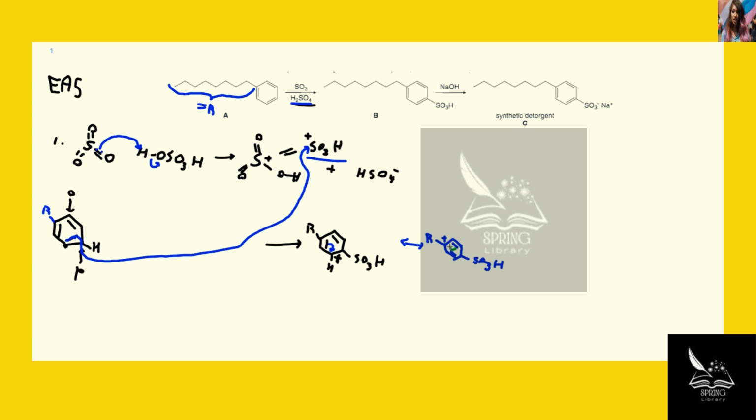And this is why they're not meta-directing, because you don't get any sort of stabilization from meta-substituted carbons. Now we drew all the resonance structures of how our carbocation can move around our benzene ring.